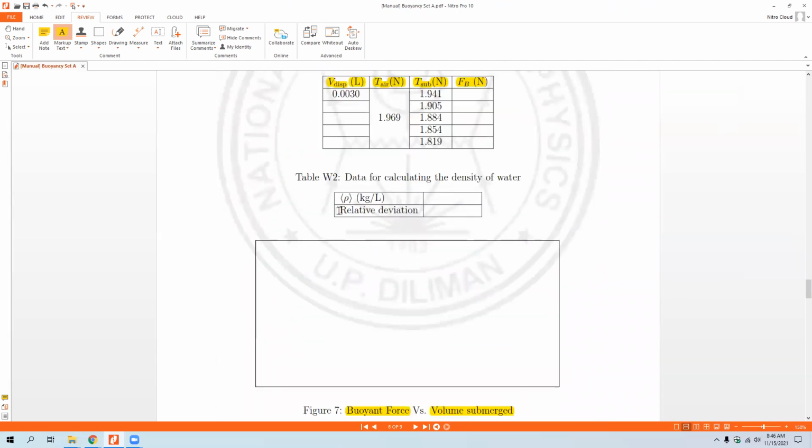Relative deviation. So to calculate the relative deviation, you will have to use concepts from equation 1. Experiment 1. May formula yan. The true value or theoretical value of your water density is 1 kilogram per liter. Exactly 1 kilogram per liter. So you use that for your calculation.